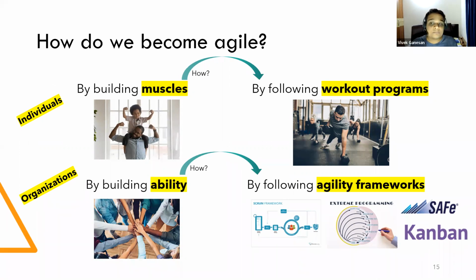And just because you add Scrum to your organization, it does not become an agile organization. These are simply workout programs where by following these workout programs, the outcome will be agility. That is the idea here, right? So individuals build muscles by following workout programs. Organizations build the same muscles for agility by following agility frameworks, right? That is how we become agile. That is how the ability to change direction comes in an organization.